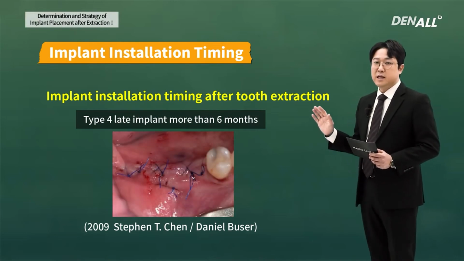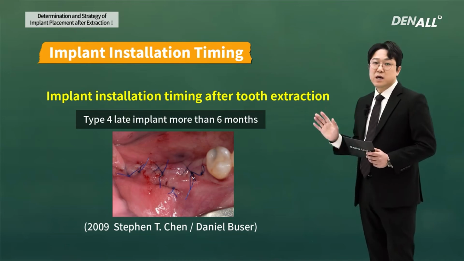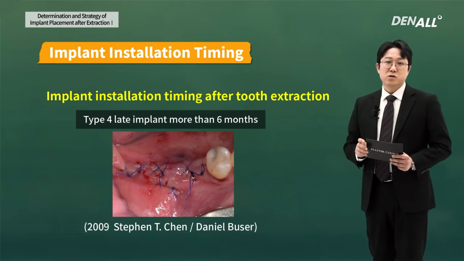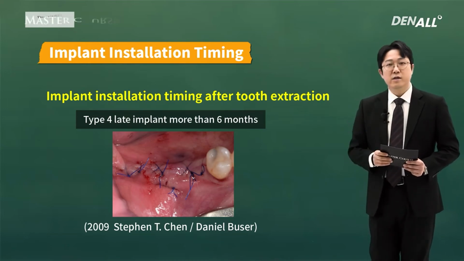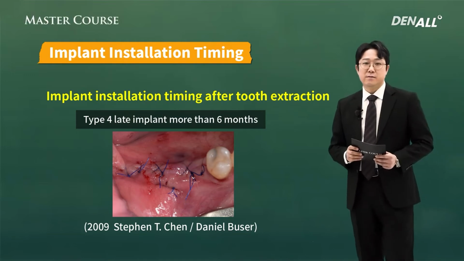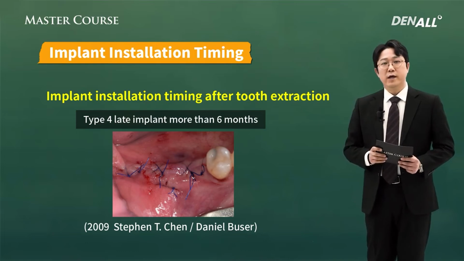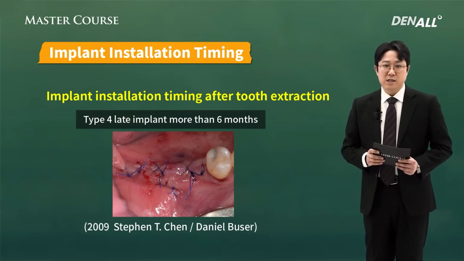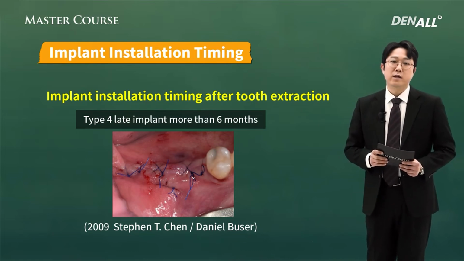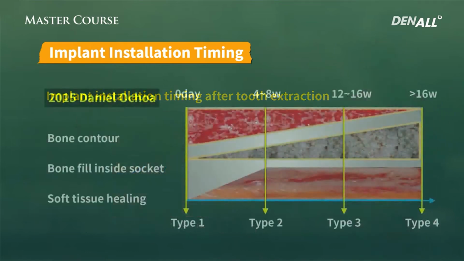Even in the case where bone resorption is not severe, this may not result, however, when you do extraction due to periodontitis, if you wait long, a lot of bone resorption can occur very frequently.